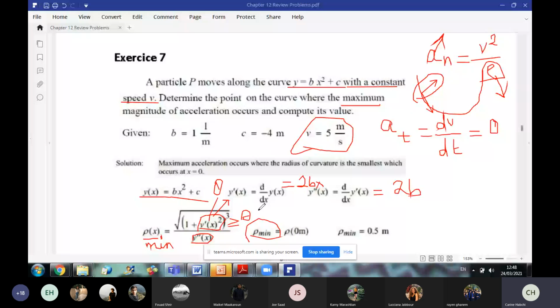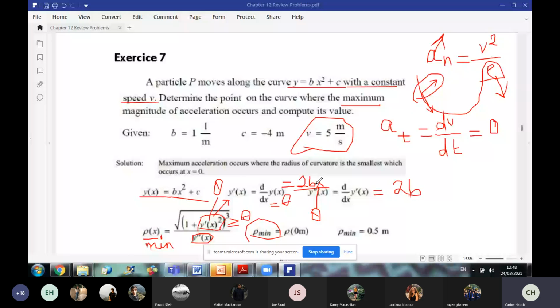So the minimum value of y prime squared will correspond to y prime equal to 0. And we know that y prime is 2bx. So we can say that y prime is equal to 0 for x equals 0. So this is the position for which normal acceleration will be maximum. Normal acceleration will be maximum for x equal to 0.